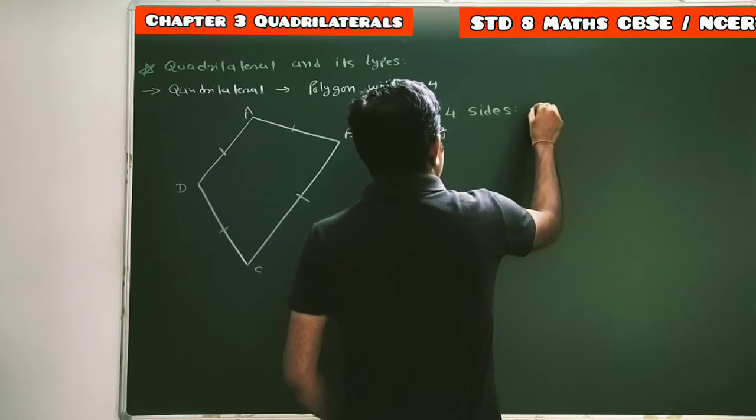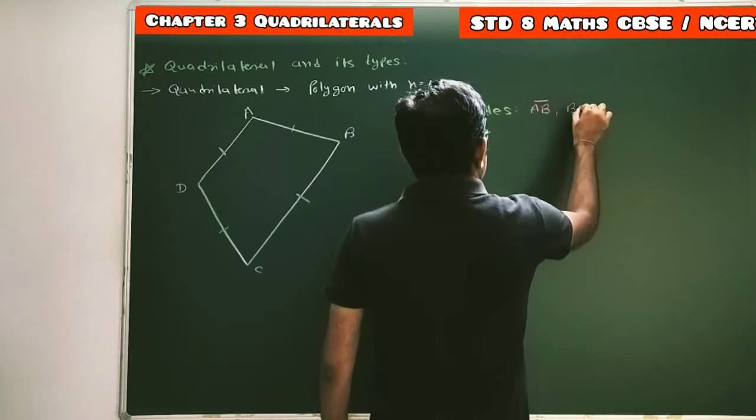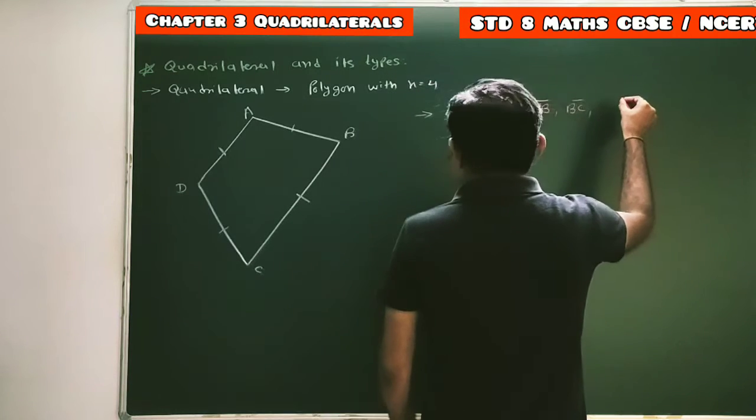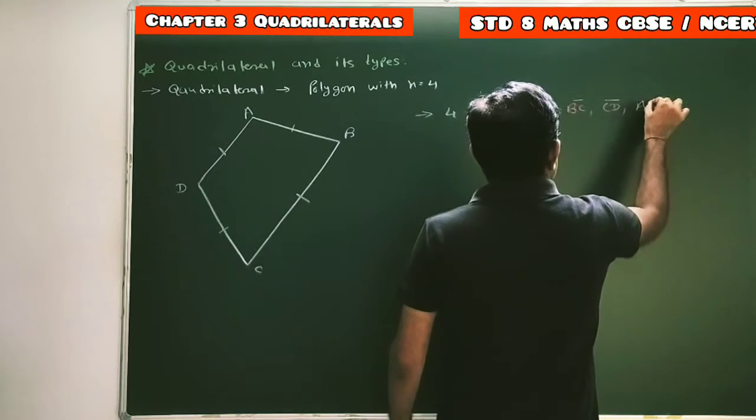So the 4 sides are side AB, side BC, side CD and side AD.